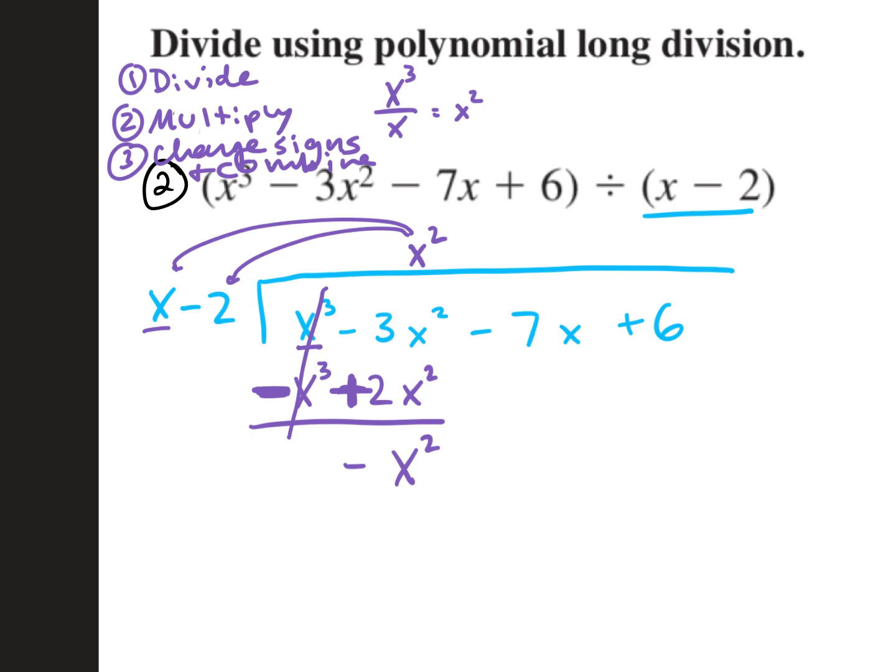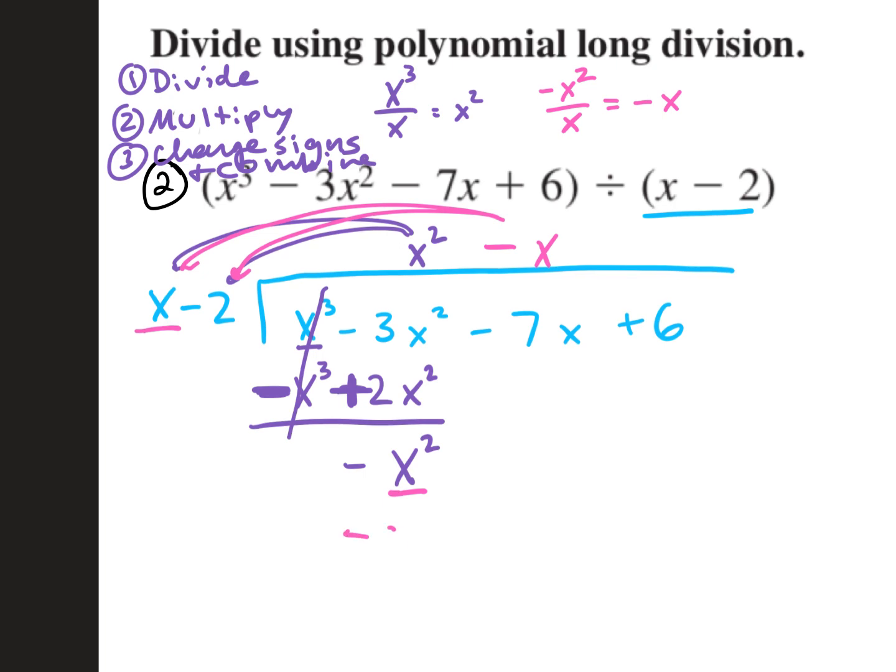Once we change the signs and combine, we do the 3 steps again. So start by dividing. We have -x squared divided by x. So if I have a -x squared and I take an x away, I'm left with -x. So I'm going to write that on top in line with my x term. So -x. After I divide, I multiply. So I'm going to multiply -x times both things out front.